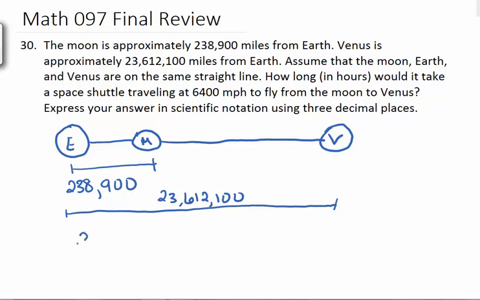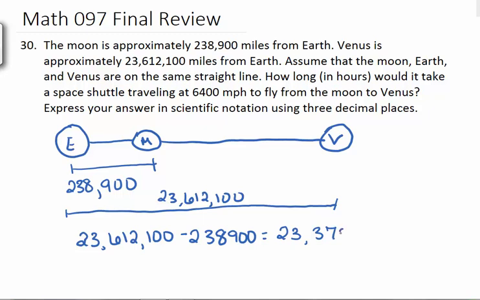And we're going to do that by subtracting 23,612,100 minus 238,900. So this will give us the distance between the moon and Venus, which isn't currently given in the problem. And we get 23,373,200.